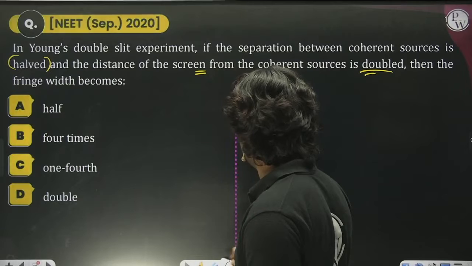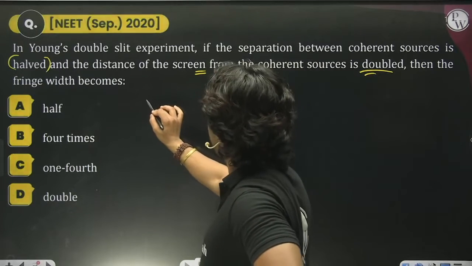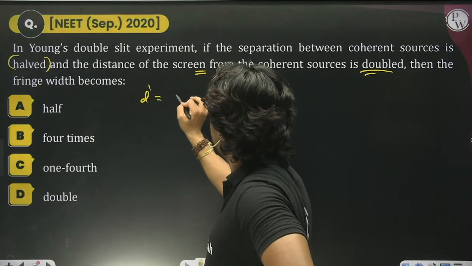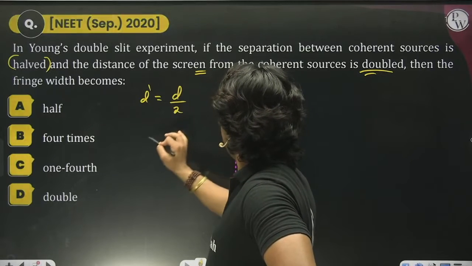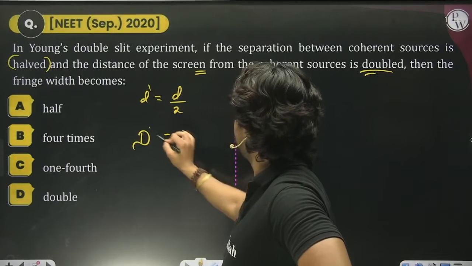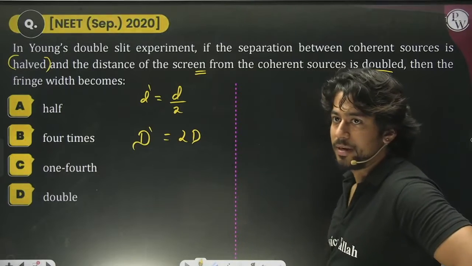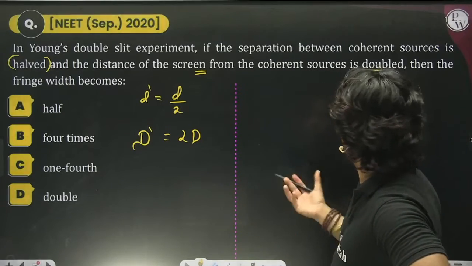The question says that the separation between the coherent sources, that means d dash, is made to be d by 2, and capital D dash is made to be 2 times D. So what's going to be the new fringe width?